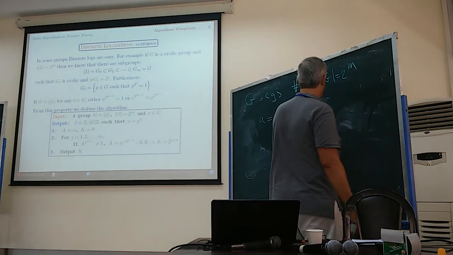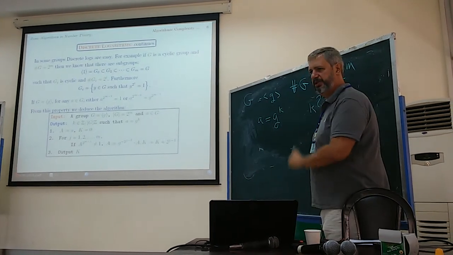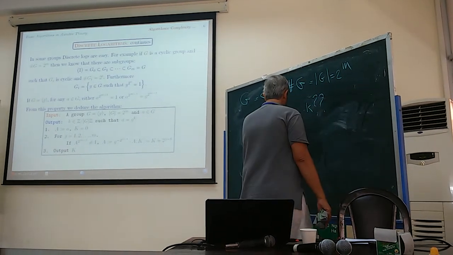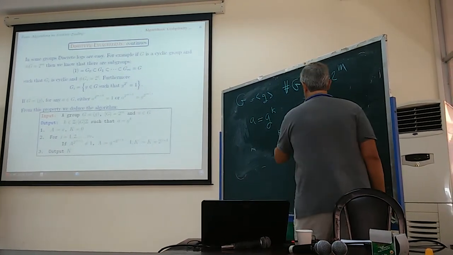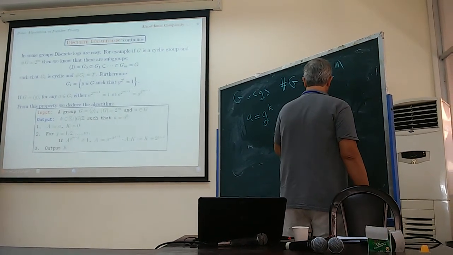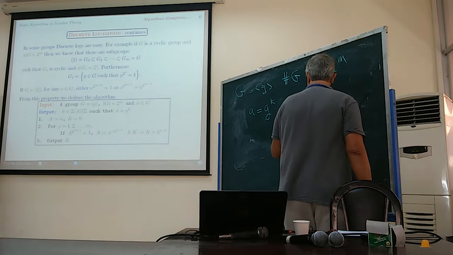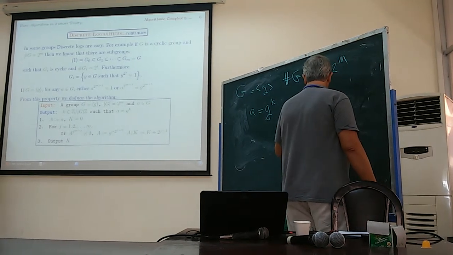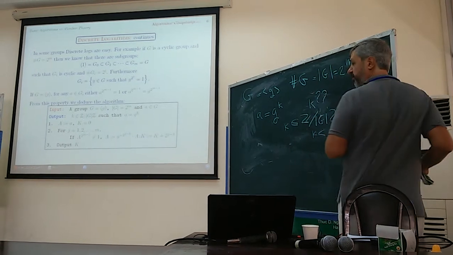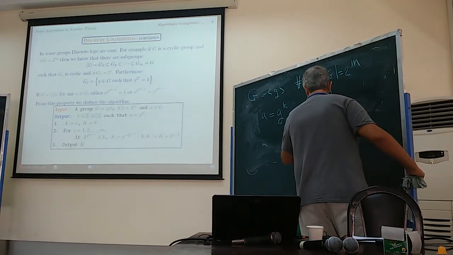So k is what I want, the discrete log. Well, what I know about this k is that it is an element of Z mod the order of g Z, right? So in particular, k is strictly less than 2 to the power of n, and bigger or equal than 0.